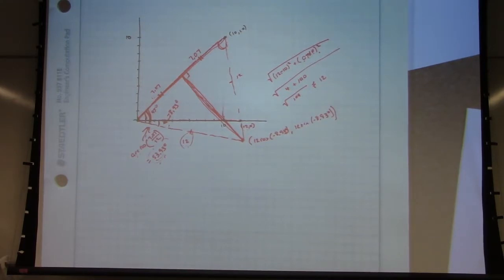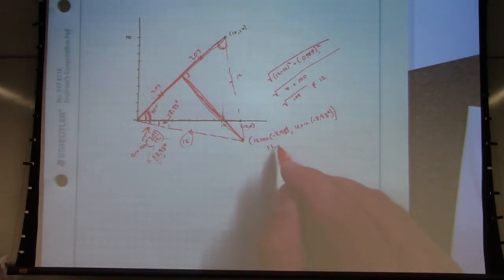I got 11.8. And I got 1.8 for the other, I'm not sure why. Oh, I did sine, sorry. Yeah, I bet you did sine there, so 0.8 and 1.8.